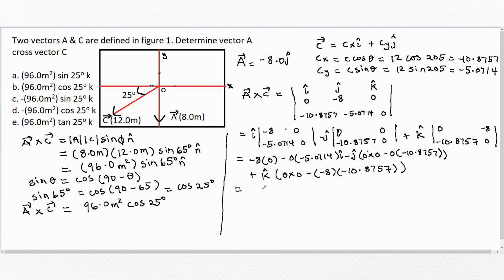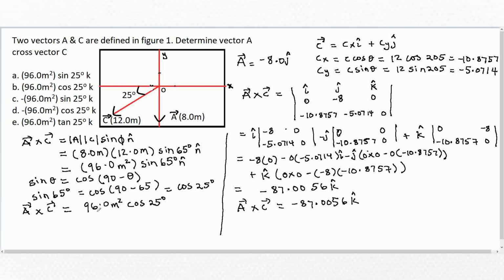This should be equal to -87.0056 k hat. So A cross C is equal to -87.0056 k, which is exactly what we get when we do this.